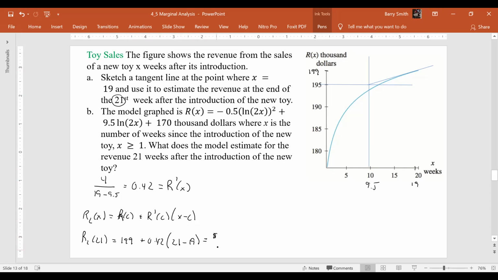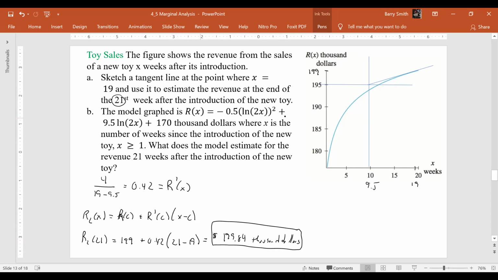And that's going to be in thousands of dollars, $1,000 actually. So that's the piece they're looking for here. What is the estimate of the revenue after the 21st week? That would be 199.84 thousand dollars.